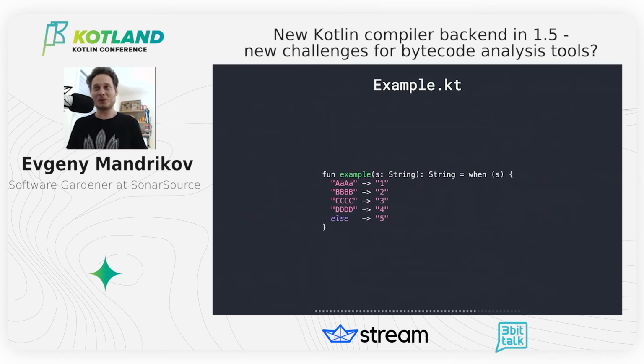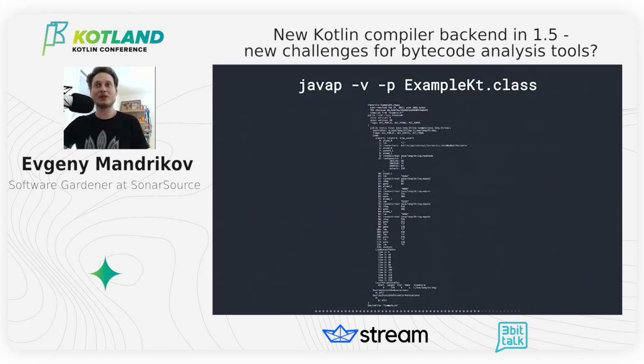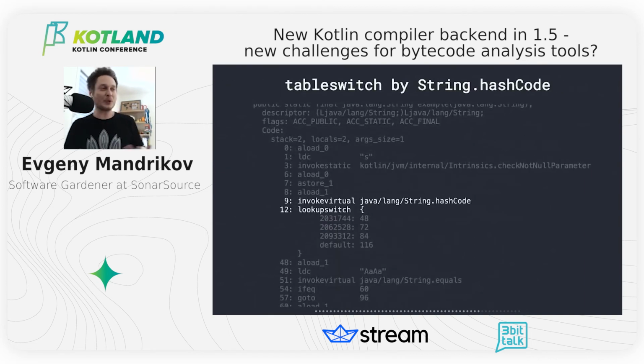You probably know such a construction as when expressions. You can do when expressions on string values. And the equivalent in Java is string switch. If we compile this into bytecode using the old compiler, what are we going to see? We're going to see a pretty smart compiler trick, which exists in Java, Scala, Groovy, and Kotlin.